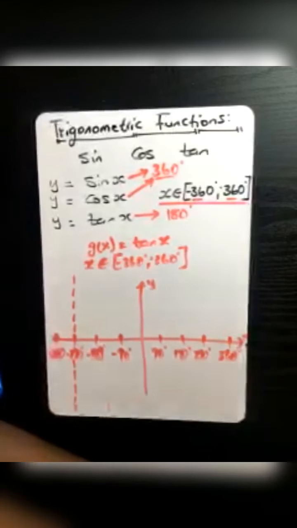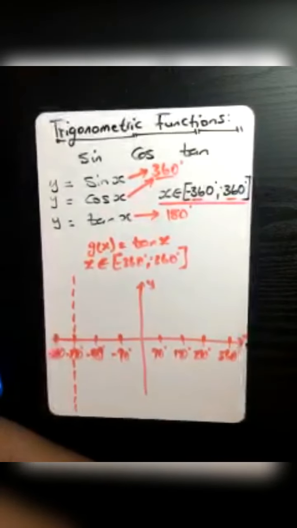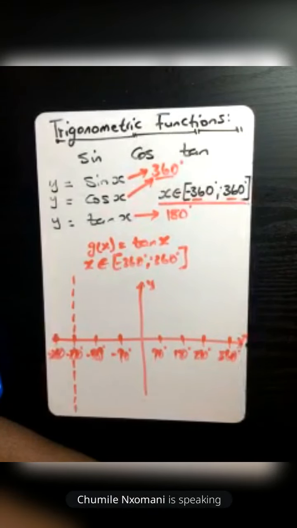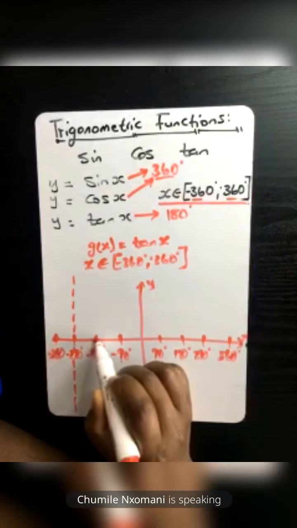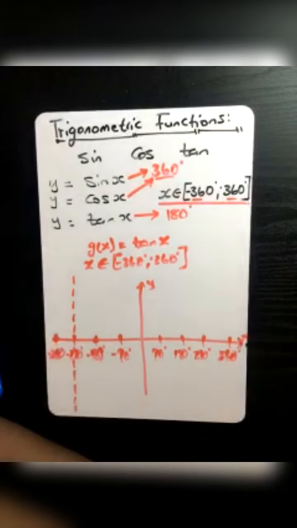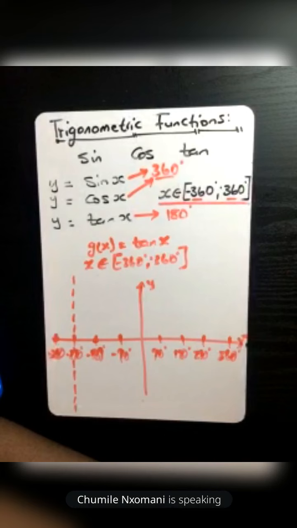What about the next value? What are you getting there? I'm getting 0 for tan of negative 180. Okay, we have 0. The next one? Tan of negative 90 is an error.